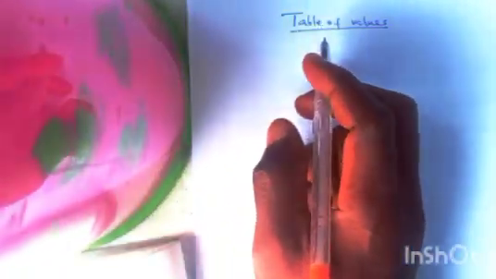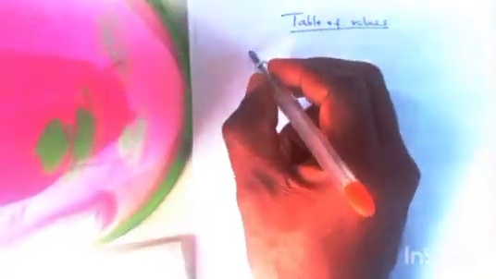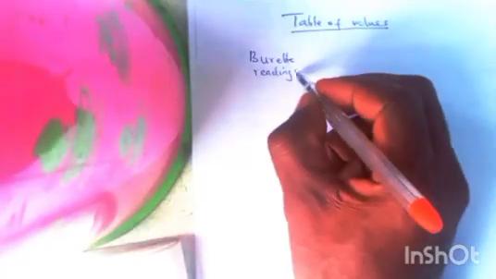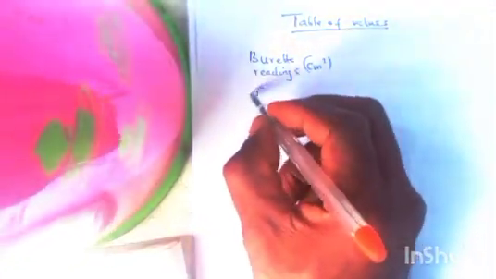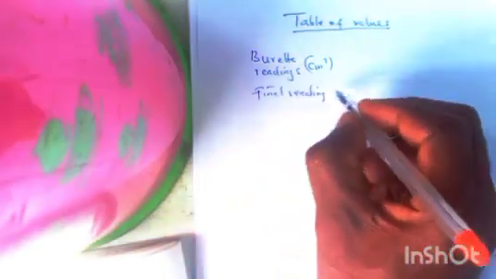This is our table of values. Now let's say the burette readings, in centimeter cube. We have the final reading in centimeter cube.